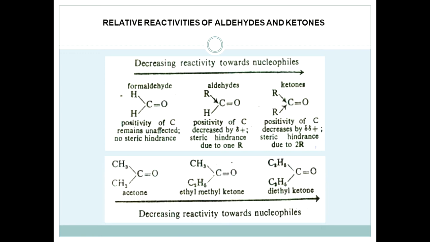As we go higher in the series of carbonyl compounds, the electron releasing power of the alkyl group is reduced and their shielding effect is enhanced. Therefore, the reactivity of the carbonyl group is decreased in such cases.